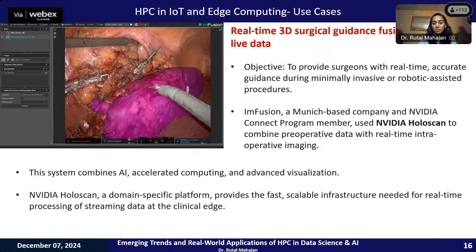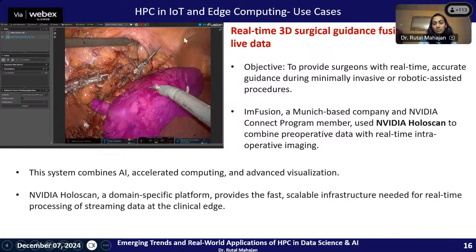According to their understanding, they need to make an incision, and accordingly they do the surgery. So to have precision surgery, or robotic-assisted procedures, we get support from this real-time 3D imaging, which we get from using NVIDIA's Holoscan.